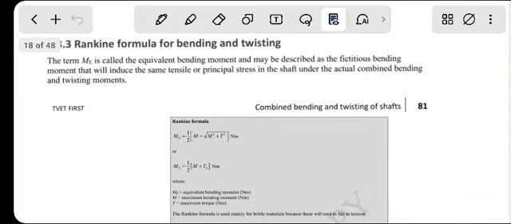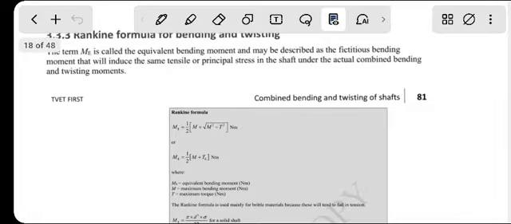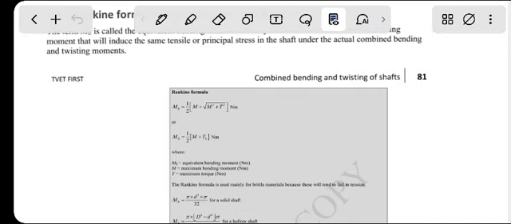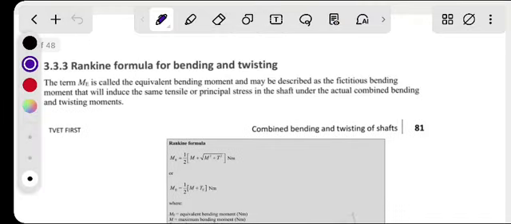So what I want us to check, guys, is what we call the Rankine formula for bending and twisting. The term you see there is denoted by Me, and is called the equivalent bending moment.